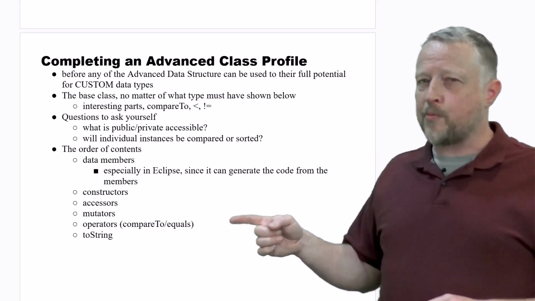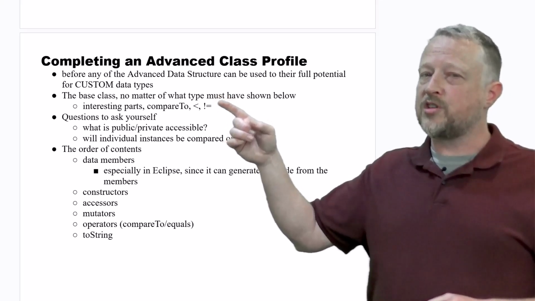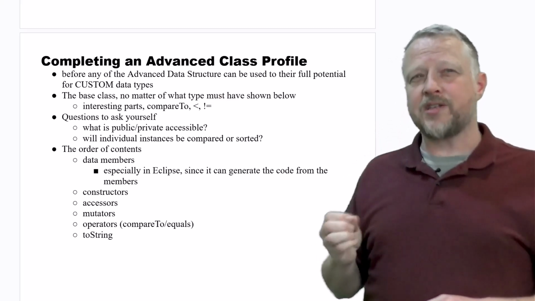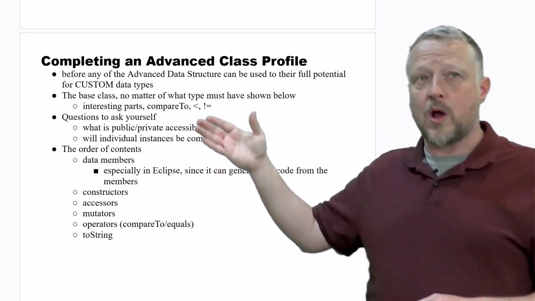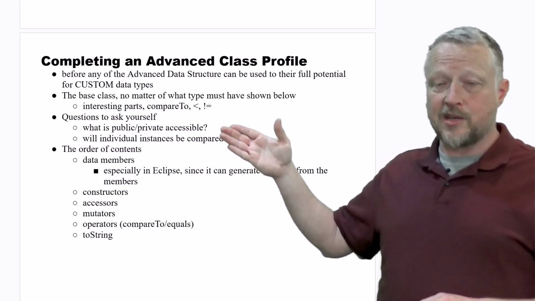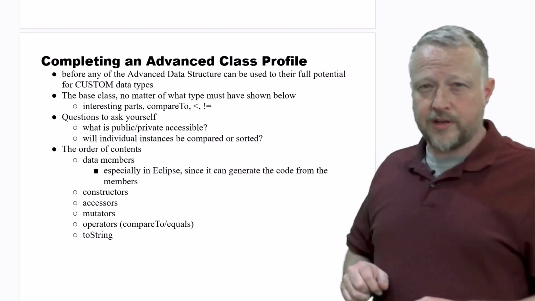It's the operators that we're going to start getting into, and they're used to do some stuff about comparing. And that's where things get interesting, because the questions you have to ask yourself are what is going to be publicly accessible, what's going to be privately accessible. We discussed that in a previous set of notes.